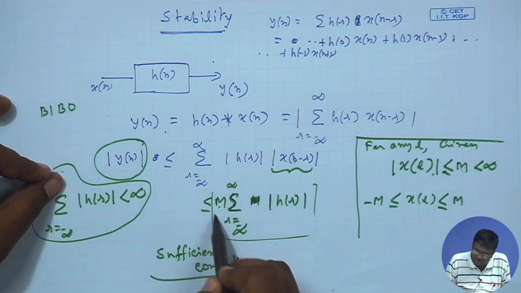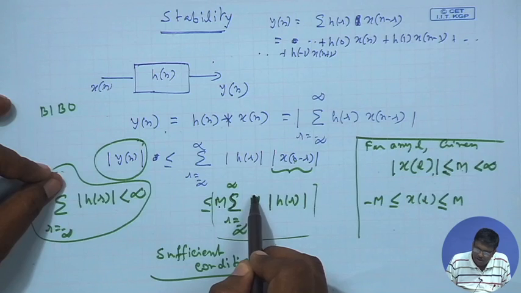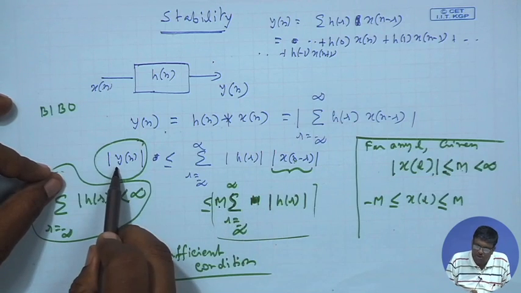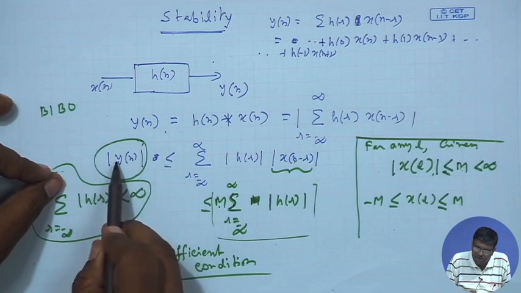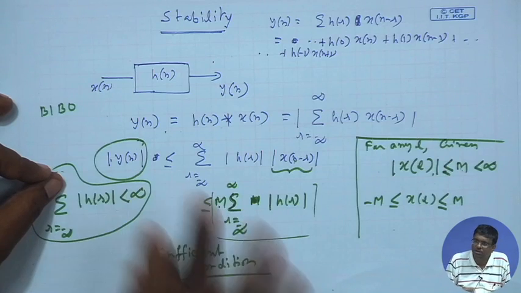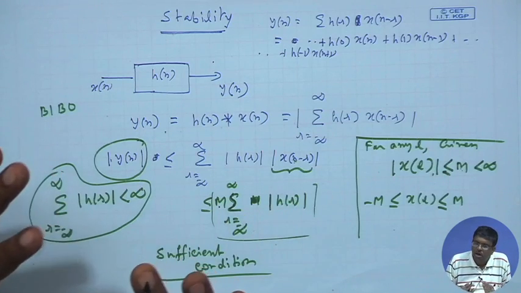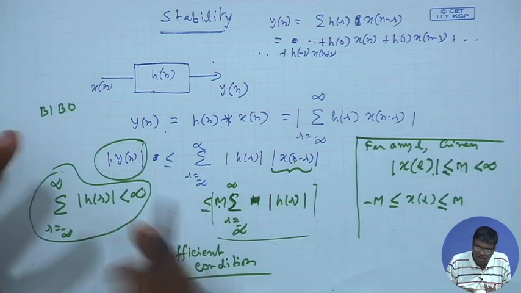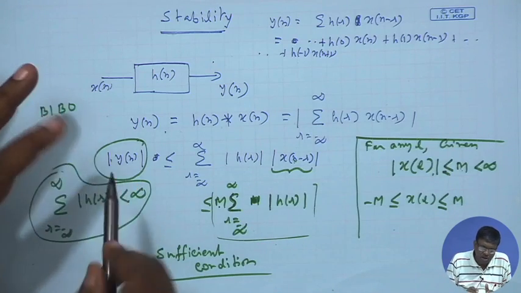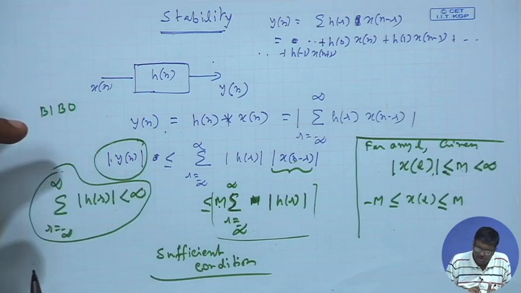But if this is infinity, it does not necessarily mean this also will be infinity. This can still be finite, and finite is less than or equal to infinity, so that may still be satisfied. So if the right hand side is finite, I am pretty sanguine that the left hand side will be finite.